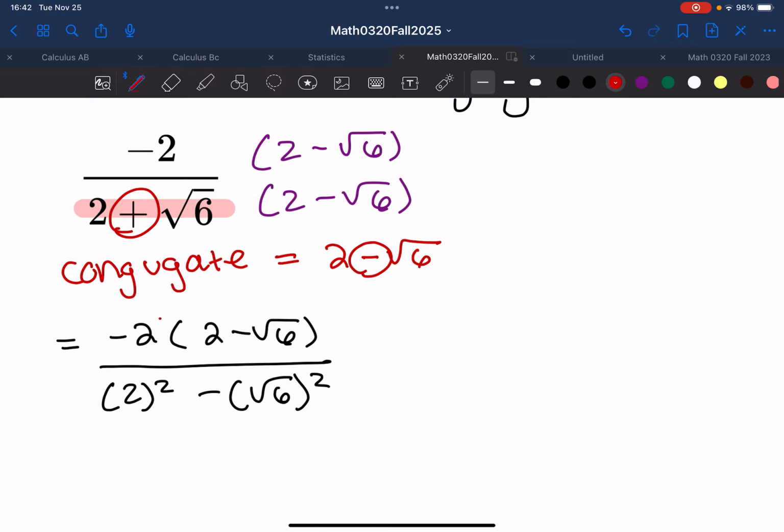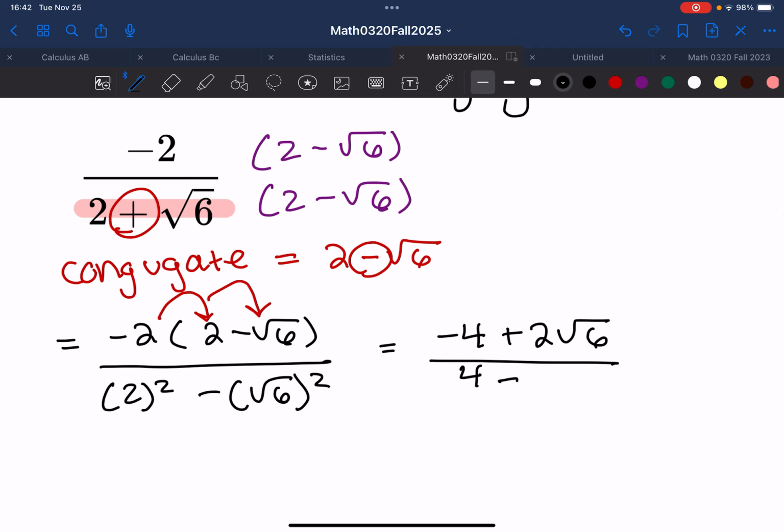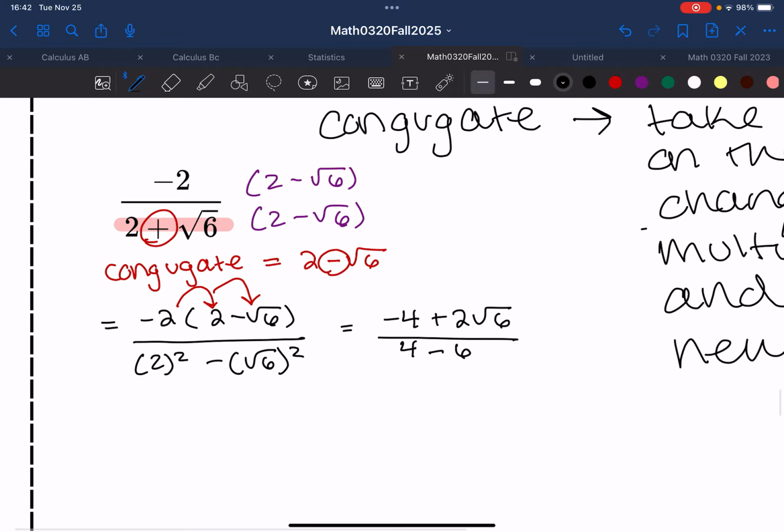So for the top, I'm going to distribute the negative 2. And so I get negative 4 plus 2 square roots of 6 over 2 squared is 4 minus square root of 6 squared is 6. And so this equals negative 4 plus 2 square roots of 6 over negative 2.